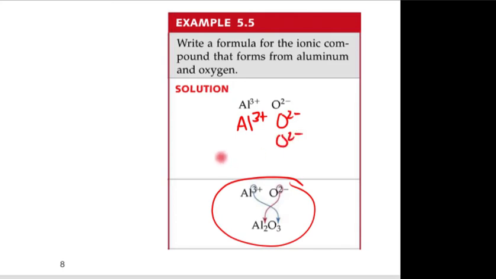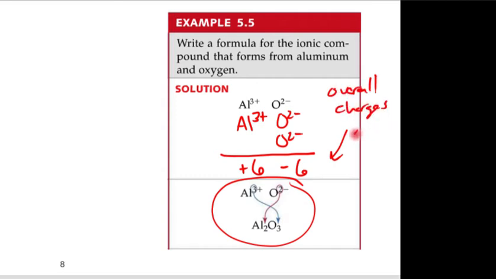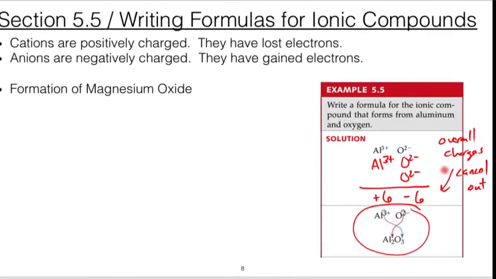Ultimately, the reason is that this is going to be a +6, and 2 minus 2 minus 2 is a -6. And that's what we see: the charges are going to cancel out. That is true for any ionic substance.